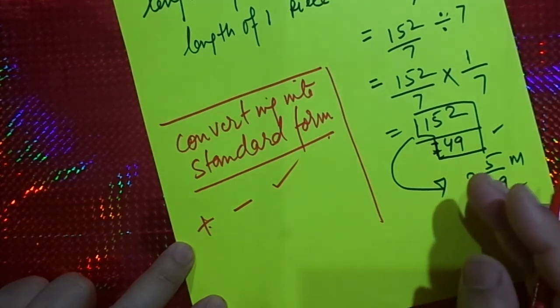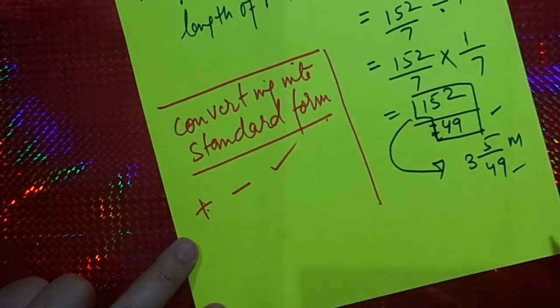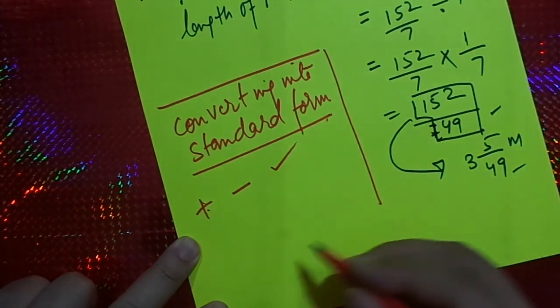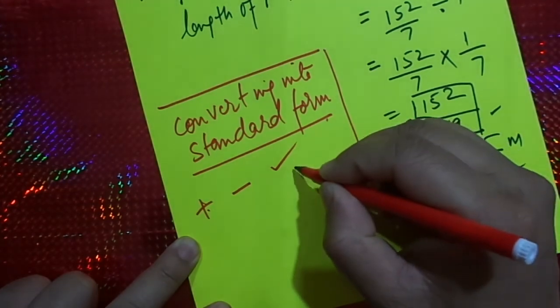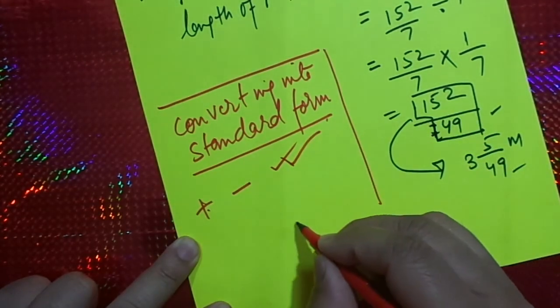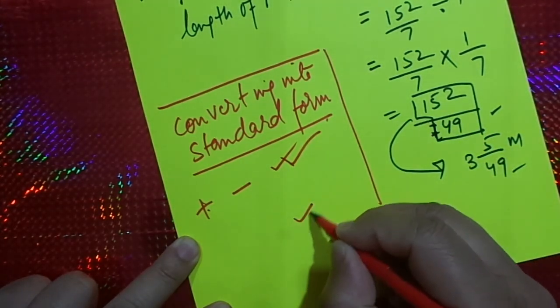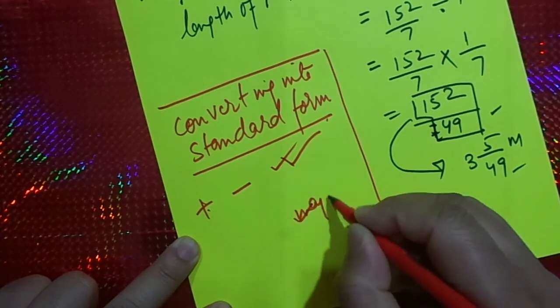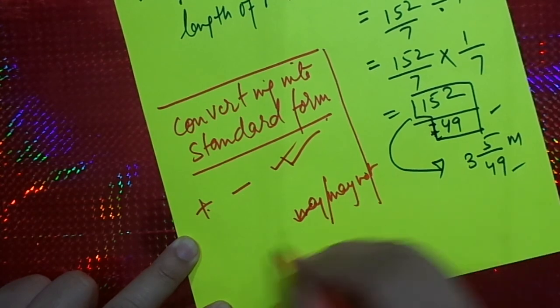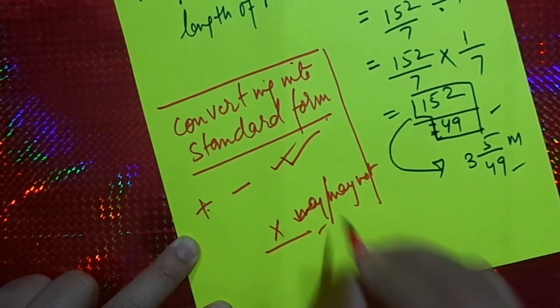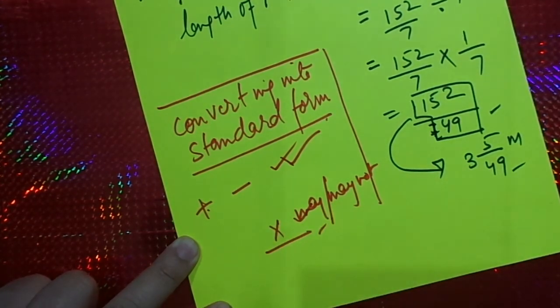But you may or may not convert into standard form in multiplication, because finally you will get the same answer. Clear? I said this is compulsory here, while in multiplication it may or may not be. I am sure one day you will all have lots of regard for this subject as well.